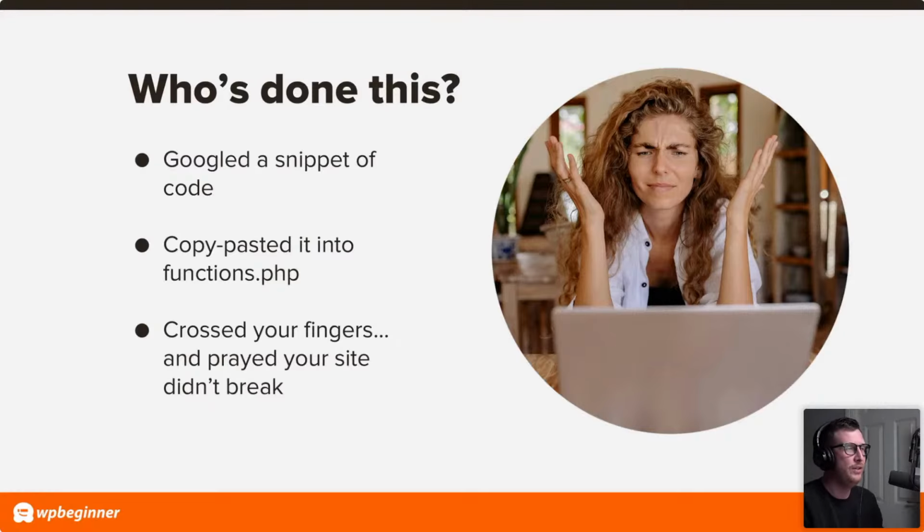So any of you that have used code snippets or know what they are, if you've done any of that, just let me know in the chat as well. Because that's the go-to method for a lot of us for years, and it's pretty fragile. Some of you might know, one typo in the code, or you copy and paste it wrong, and your site can break basically and be down.